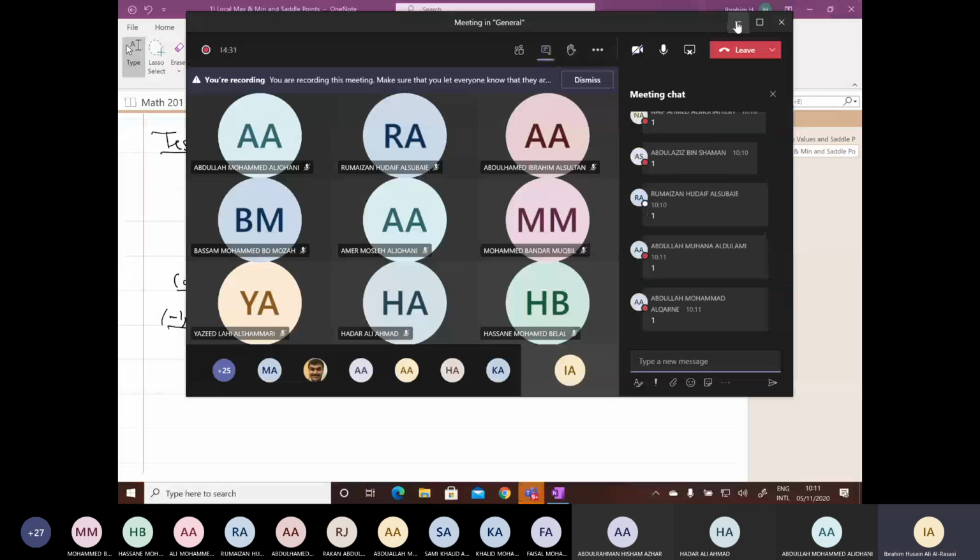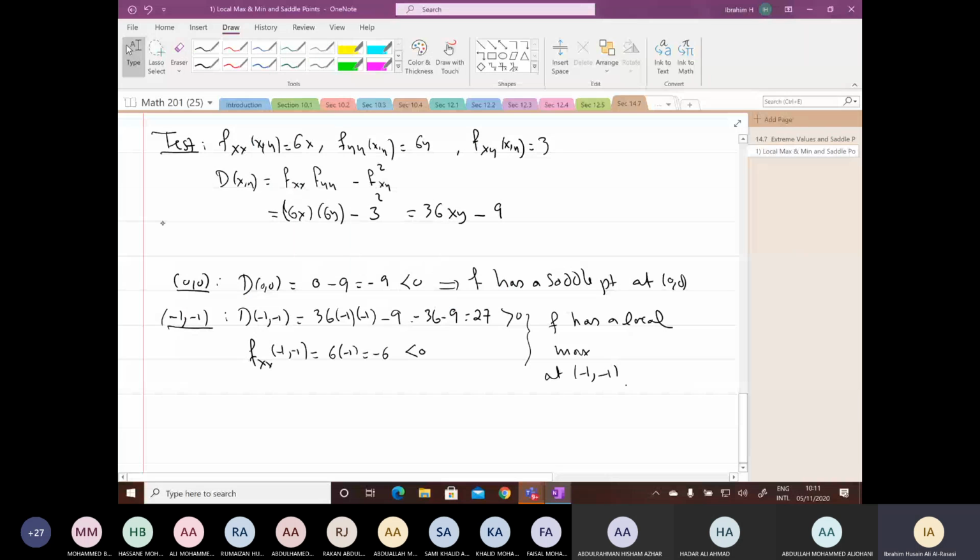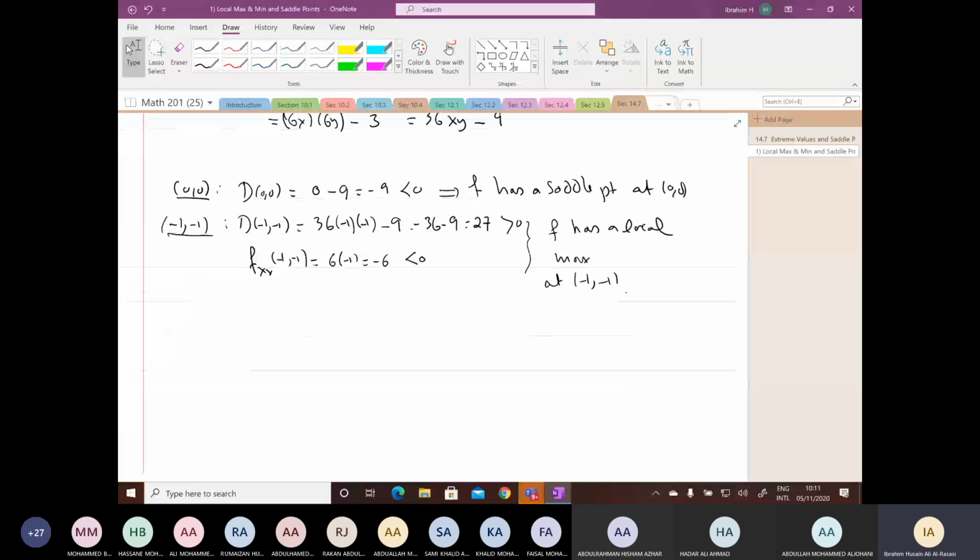Okay, so I will give another example. Example 2: f(x, y) equals (x plus y squared) e to the minus x.